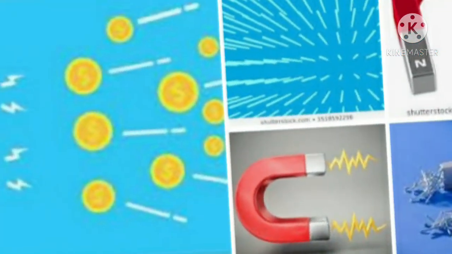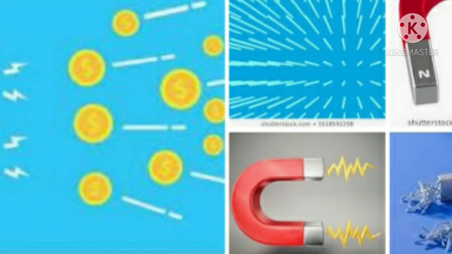The magnet exerts a magnetic force on objects made up of iron, steel, nickel, and cobalt. It does not exert a force on objects made of copper, wood, or glass.